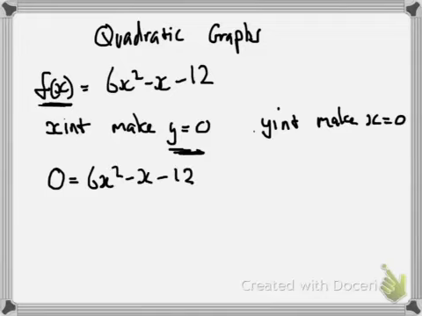In the last video we talked about factorising these, so hopefully you were able to do that. Let's go to the next slide just for a moment to factorise this: 6x² − x − 12.